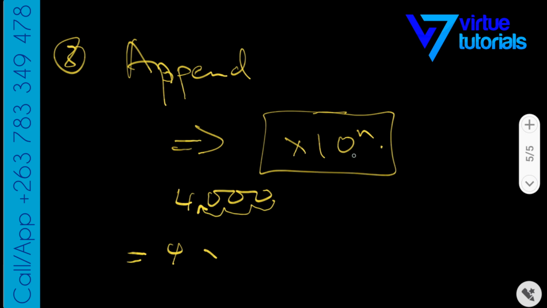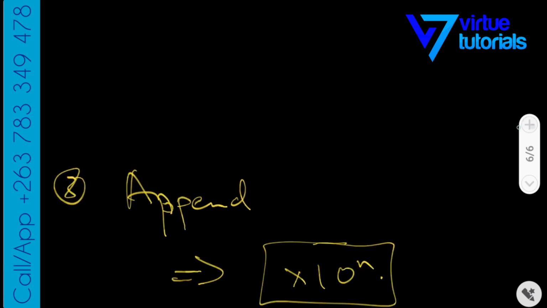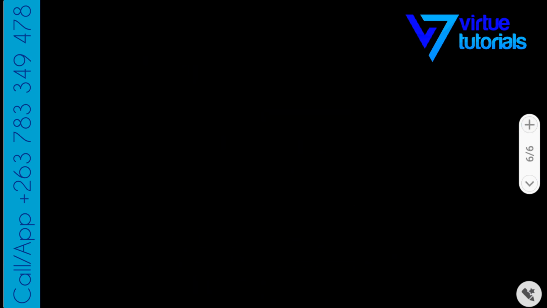Then I said 4, I just put times 10 to the power 3, because 3 is the number of steps that I moved. Okay, so one thing you need to know is that if I had something like 0,0007, my first significant figure is here.